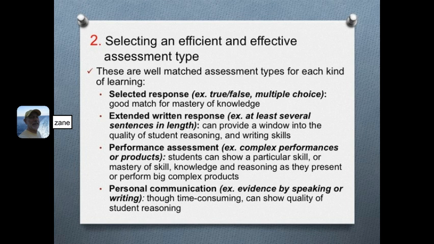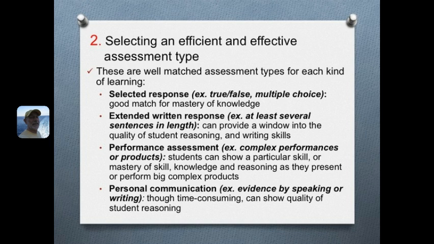Consideration number 2, selecting an efficient and effective assessment type. For example, selected response, extended written response, performance assessment, or personal communication. The following are well-matched assessment types for each kind of learning. Selected response is a good match for mastery of knowledge.